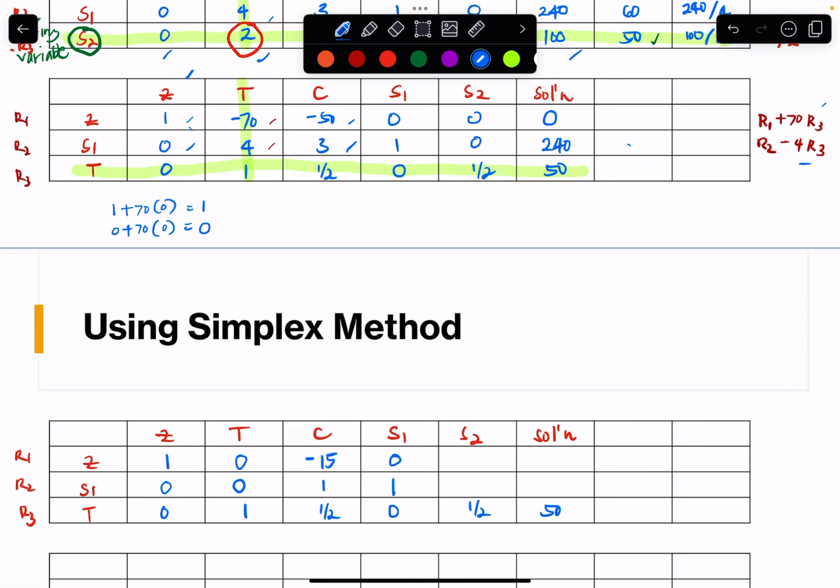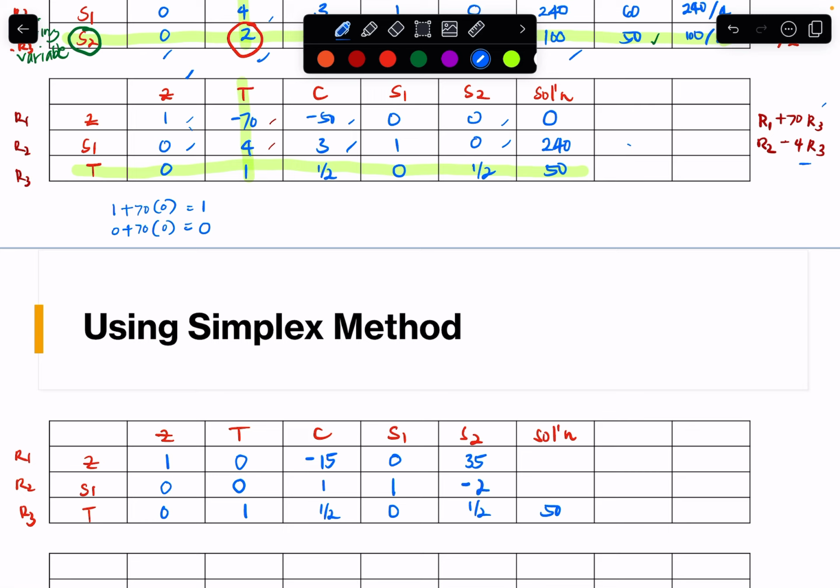For S2, I'll start with this one: 0 plus 70 times 1 half, that is 35. And this one is 0 minus 4 times 1 half, which is negative 2.